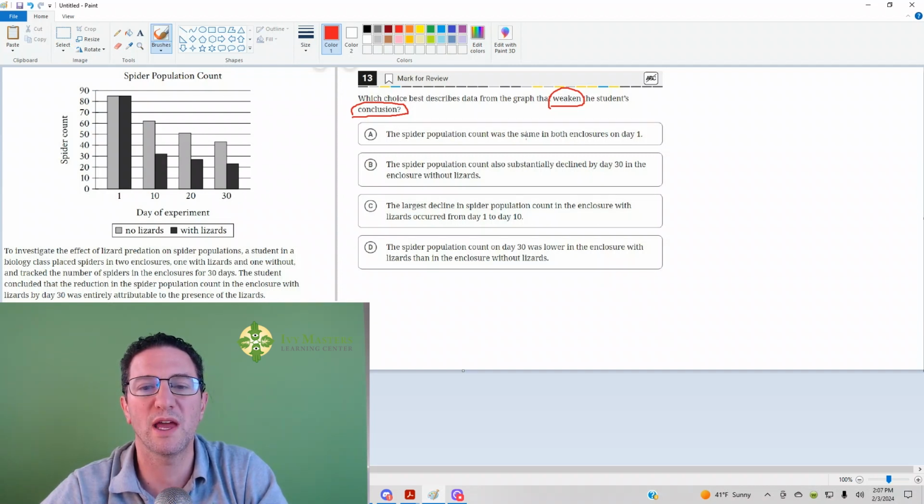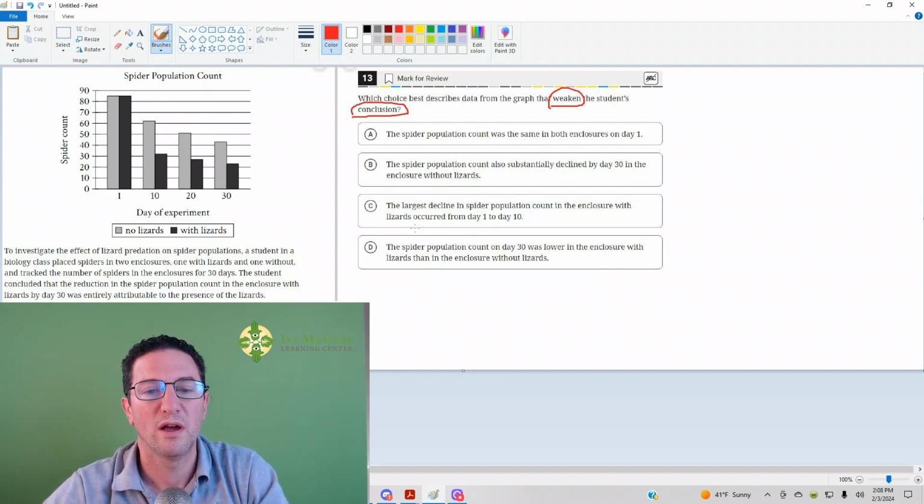Spider population count was the same in both enclosures on day one. Is that true based on the graph? It is. Answer choice B, the spider population count also substantially declined by day 30 in the enclosures without lizards. Yeah, they're both declined by day 30. Answer choice C, the largest decline in spider population count of the enclosure with lizards occurred from day 1 to day 10.